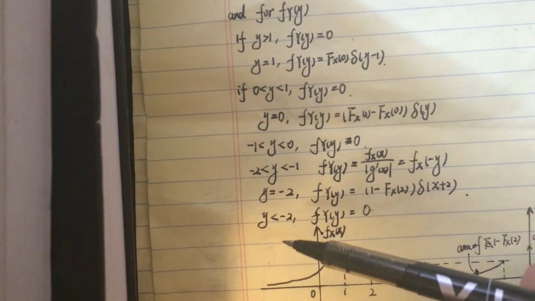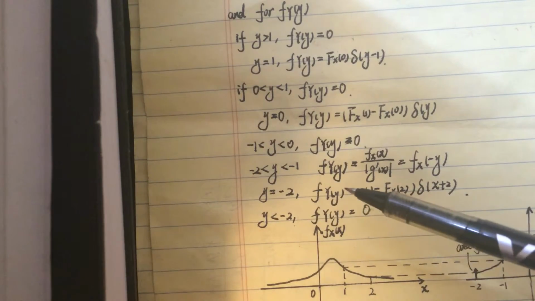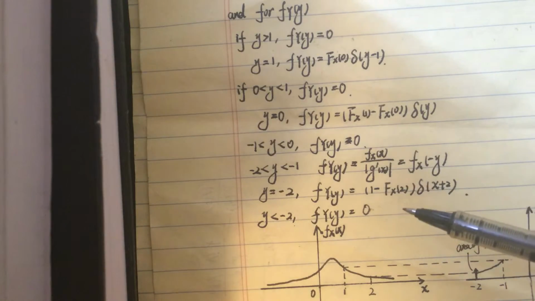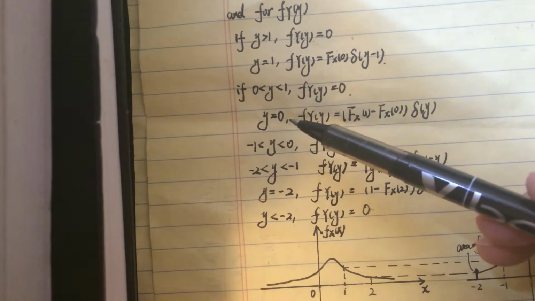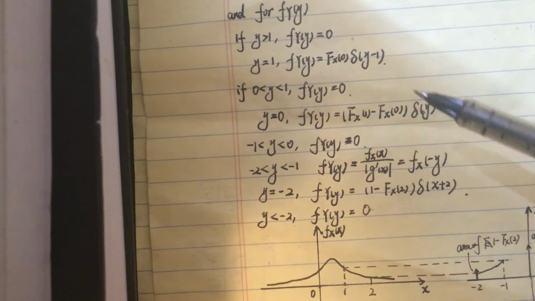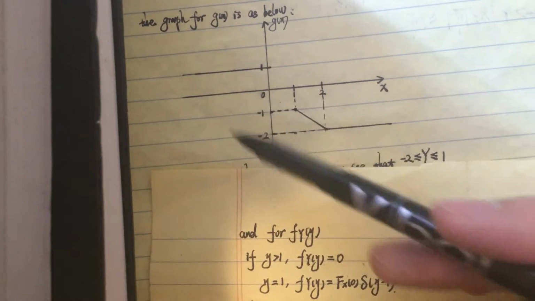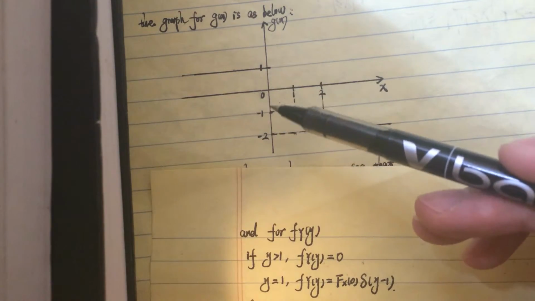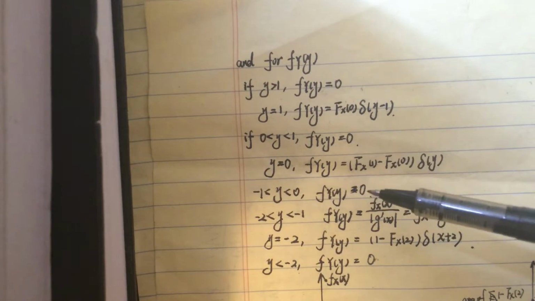And for y equals minus 2, the area defined on y equals minus 2 will be 1 minus f_X(2). And when y equals 0, I have already said that. And for other values, according to this graph, we can see that there's no x that corresponds to this region, so it will be 0.